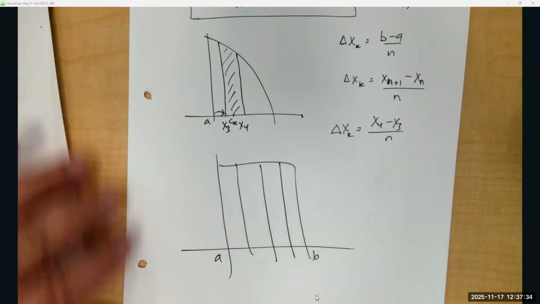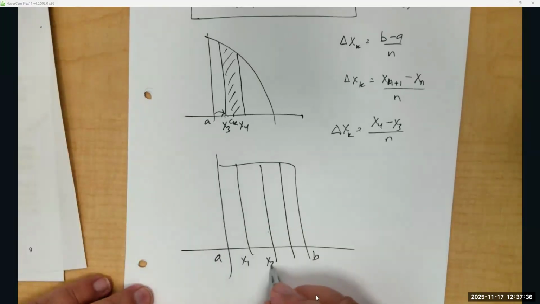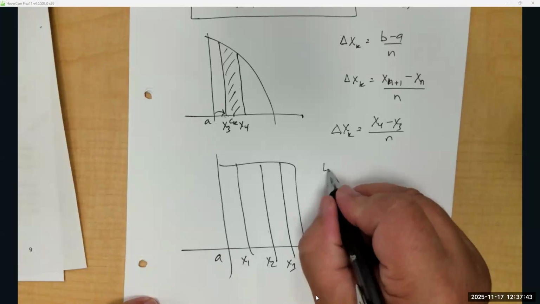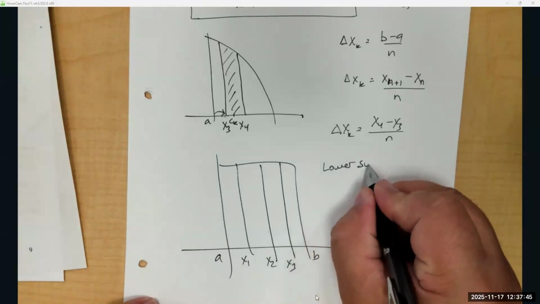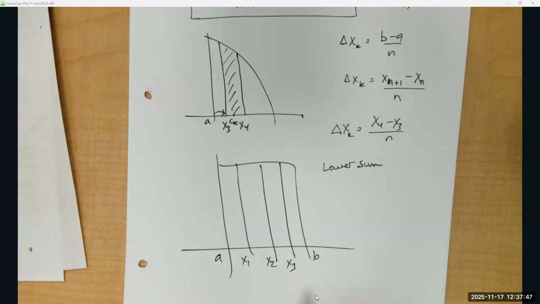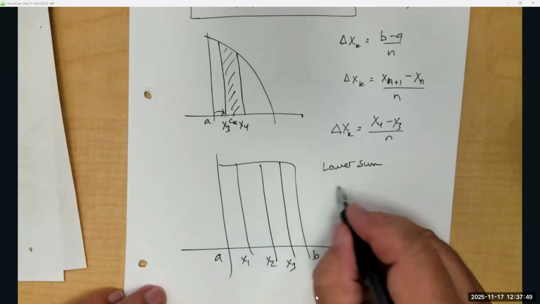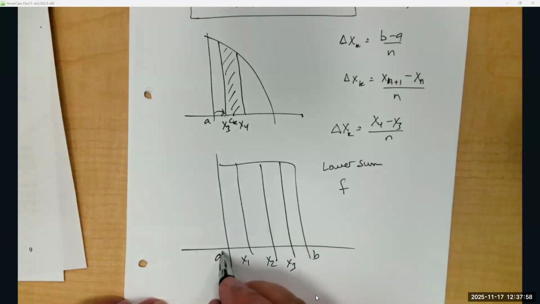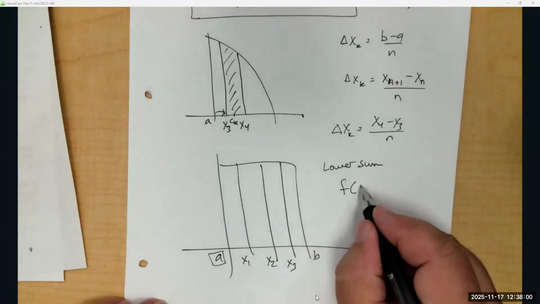Here's a, here's b. Here's x1, x2, x3. The lower sum would use what for my function? What would the lower sum use? The left side.